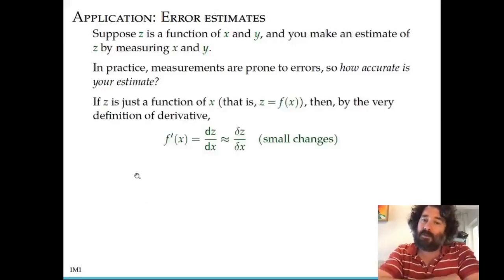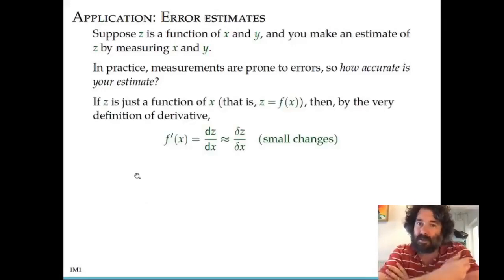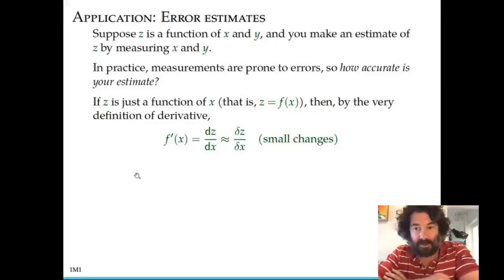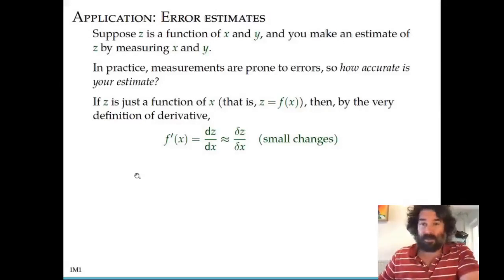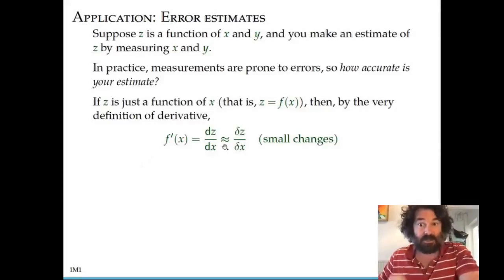Okay, so we'll first think about this when z is only a function of one variable, x. And then we'll have a natural extension to the case when z is a function of two variables. And so suppose z only depends on x. And then we have this approximation. This is actually just a different version of the linear approximation I discussed in the previous video.